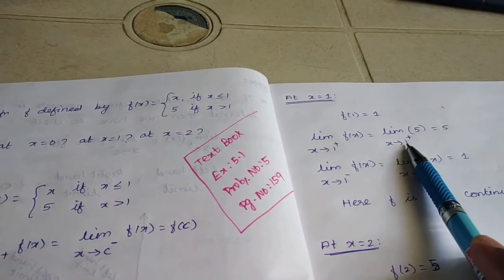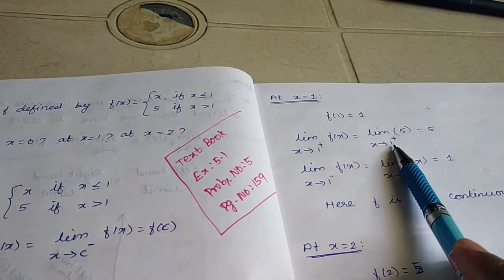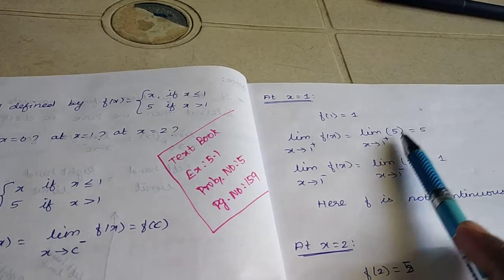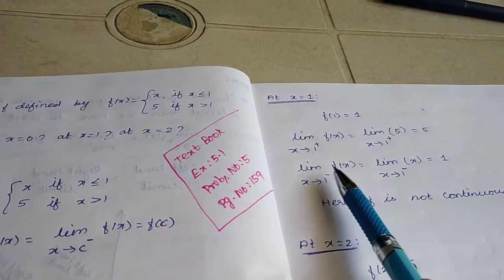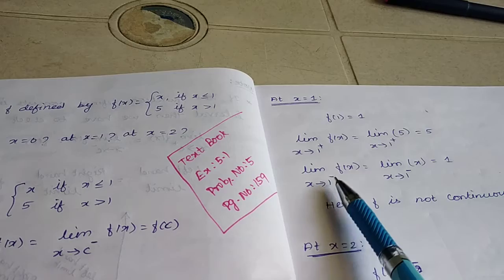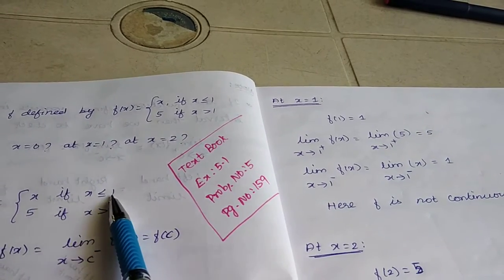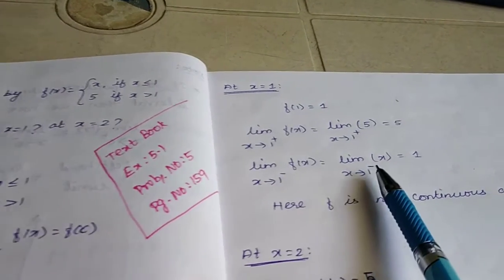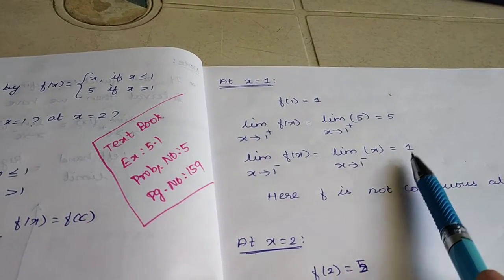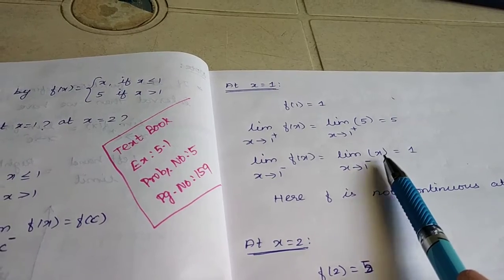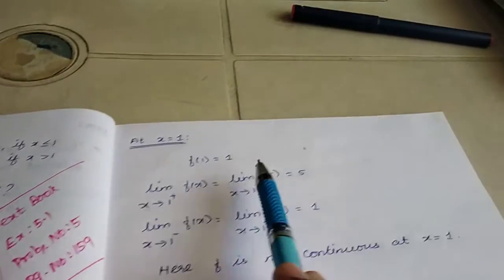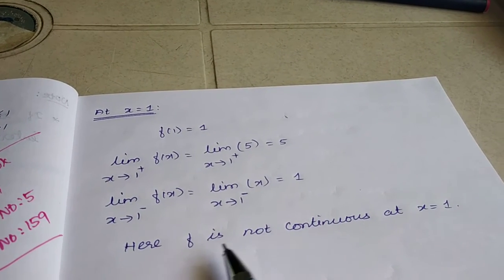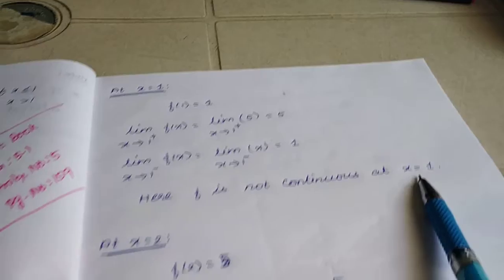If we had an x value we would substitute 1, but here there is no x value, only a constant 5. So I am writing 5 here. Then the next one, 1 minus means less than 1, so it comes under the first category. So we replace f of x with simply x. Then substituting x equal to 1, we get the result 1. Here these three values are not equal. So we can say that f is not continuous at x equal to 1.